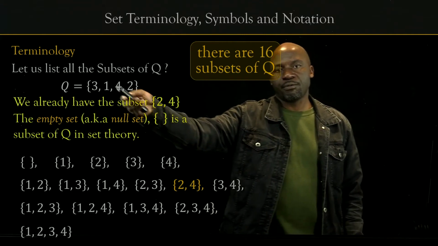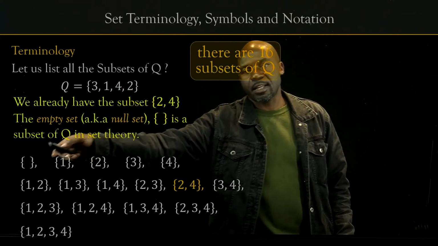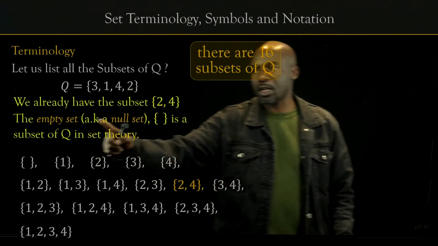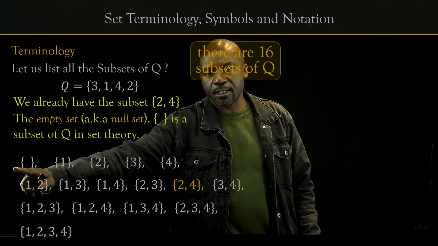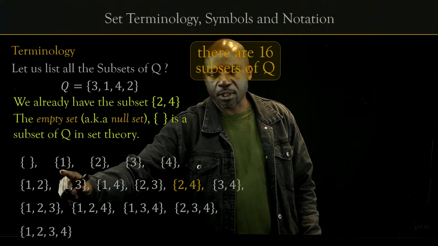So the power of this set refers to a set containing all of this. I need to put a squiggly bracket just like this, and then put these sets in there.